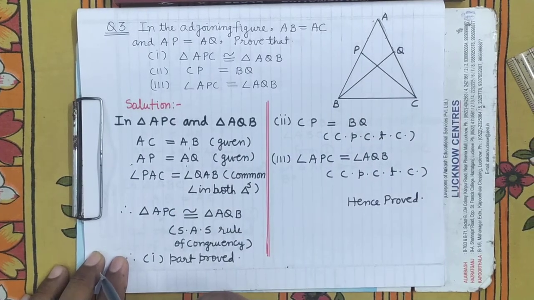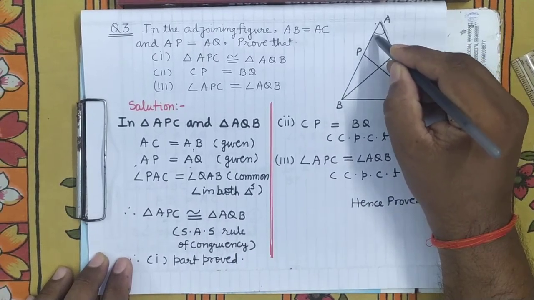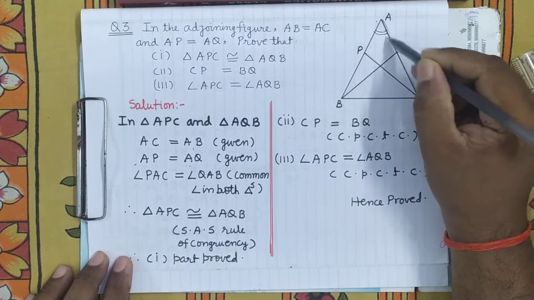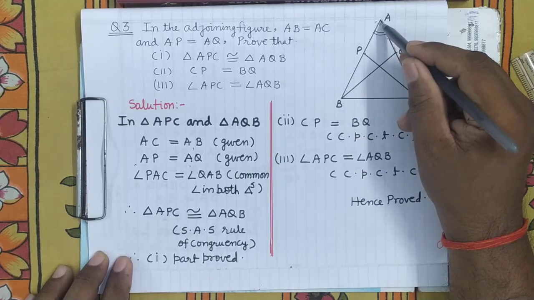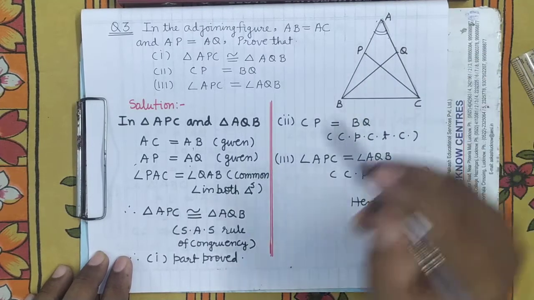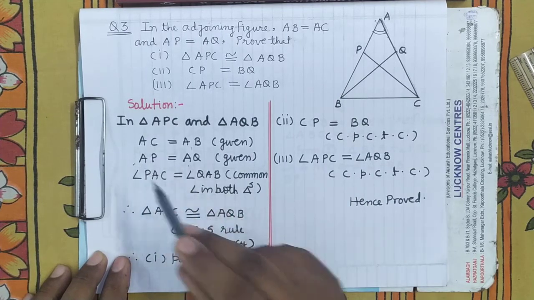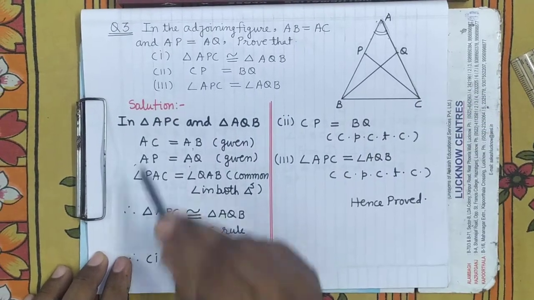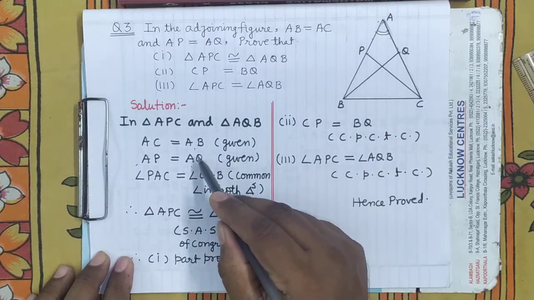Now you can see that this angle is present in both triangles, APC as well as AQB. In triangle APC it is included by AP and AC, and in triangle AQB it is included by AQ and AB.